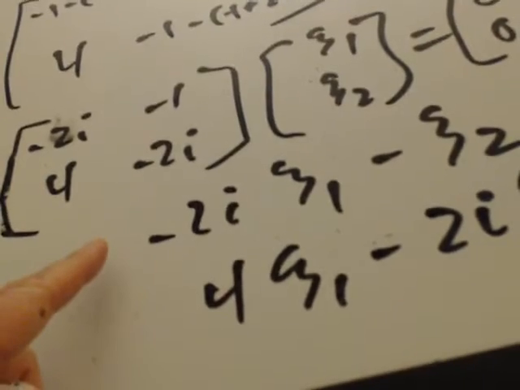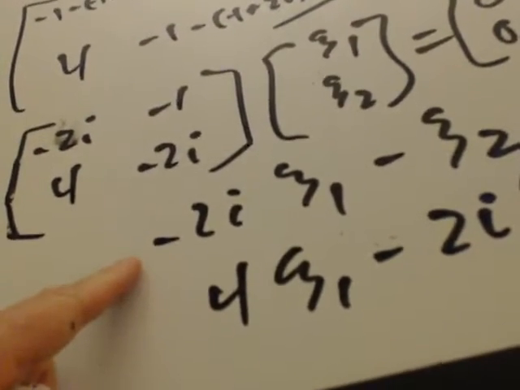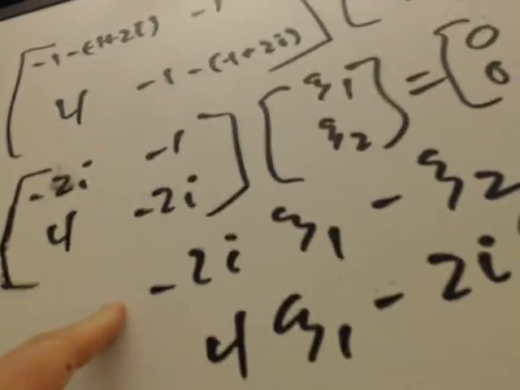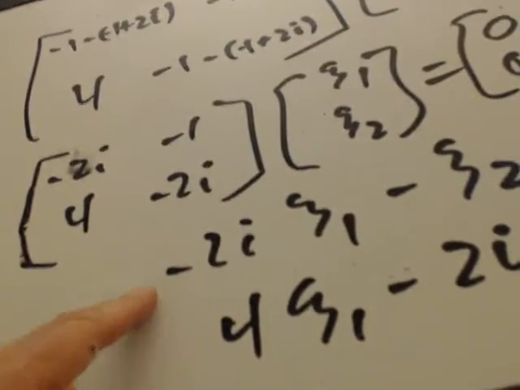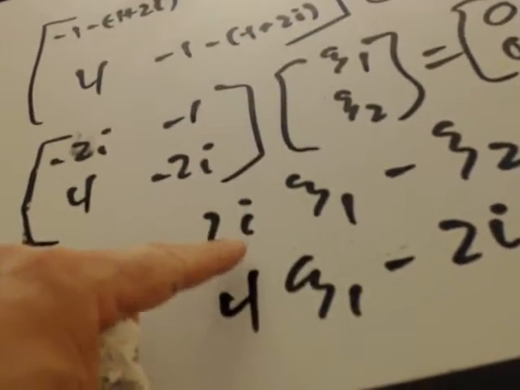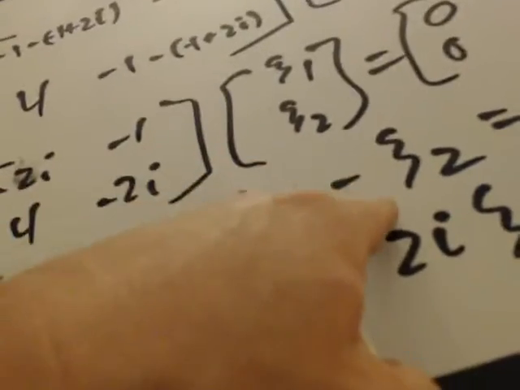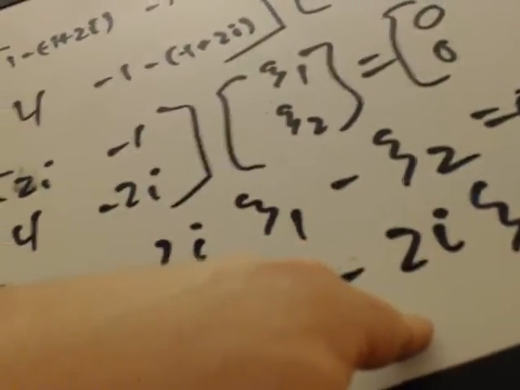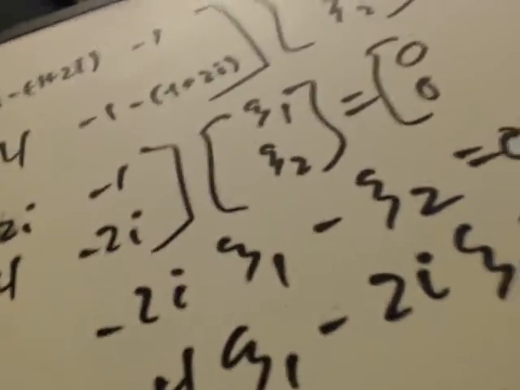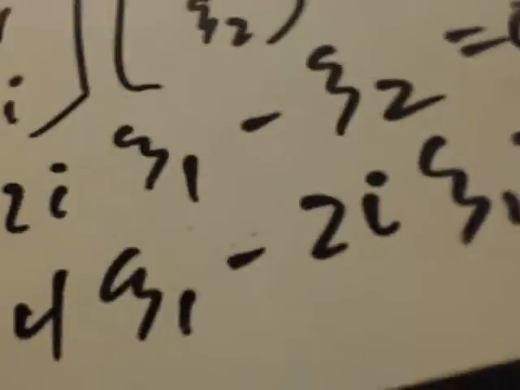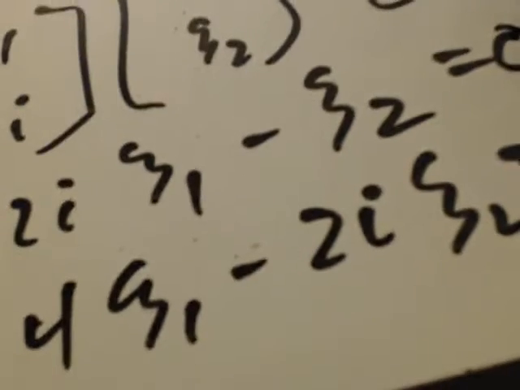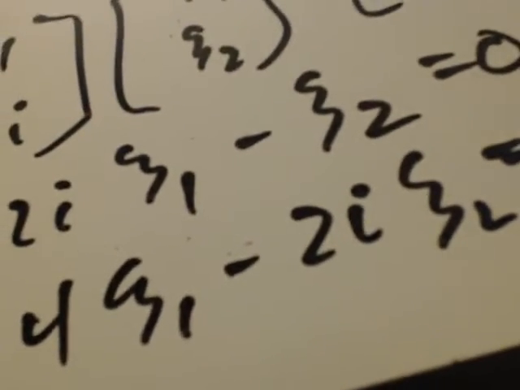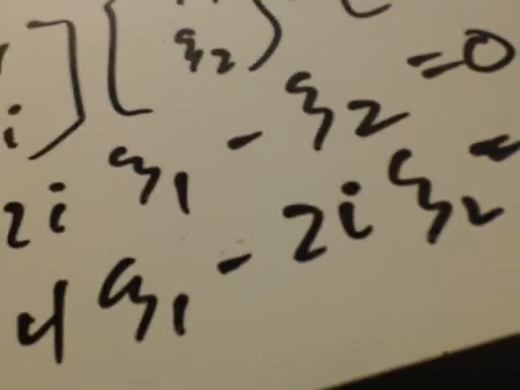Yes, because if I multiply the top by 2i, I would get negative 4 times i squared, which is a negative 1, so I get a positive 4, and I would get a negative 2i up here, which would be the same as here. So they'd be the same equation. Okay, so I can solve for one of them. I'm going to just solve the top one, because it seems to be the easiest one to do. So therefore, xi2 is equal to negative 2i xi1.